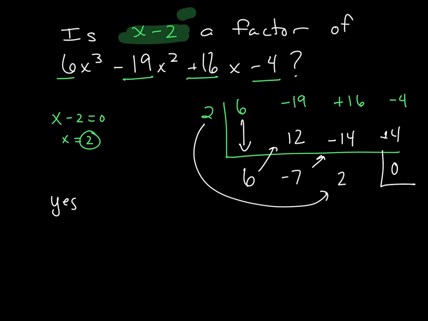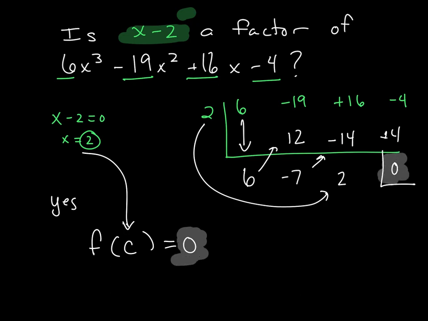What the remainder theorem says is, if f of c, and in this case we are using c to be 2, is equal to 0, then it is a factor. Why is that? Well, that's because if the output of the function is equal to 0, the two things are the same. Now, one thing we have to be careful about is that we are only using a linear piece.